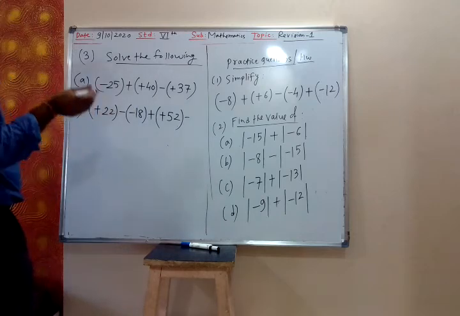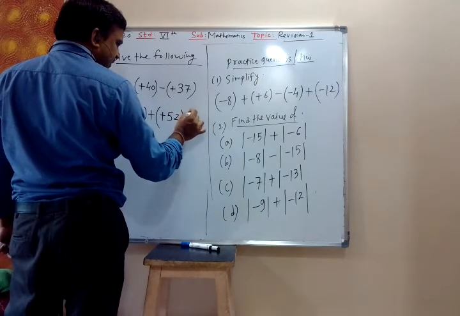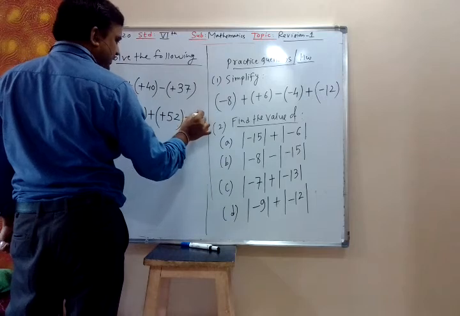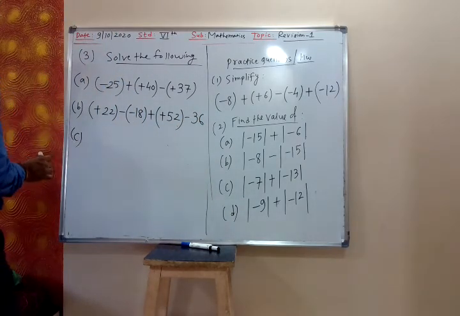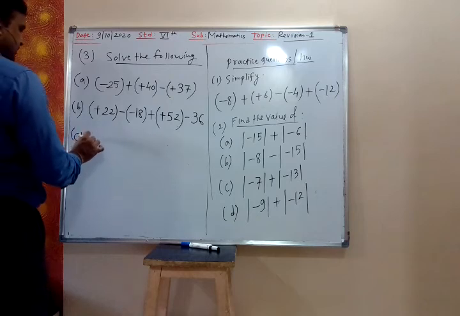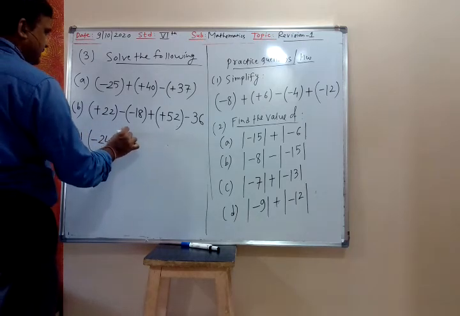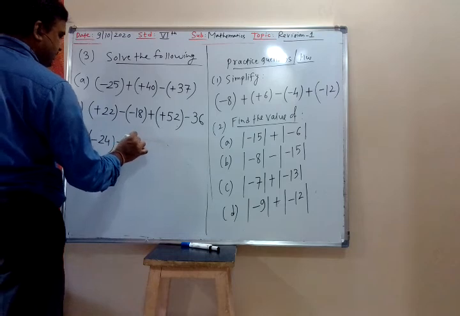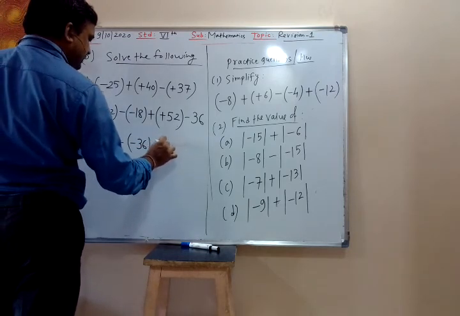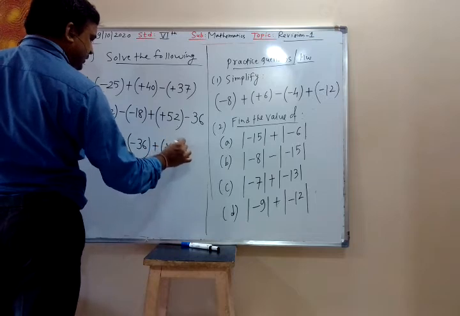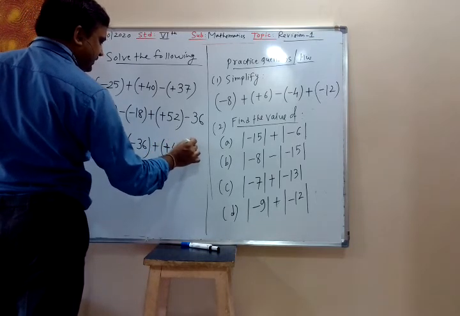You have to solve this and send it to me on WhatsApp. C, minus 36, minus 24, minus 36 plus 42. It is clear, right? Minus 32.